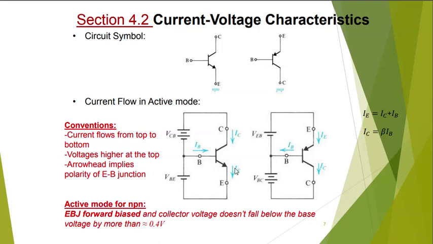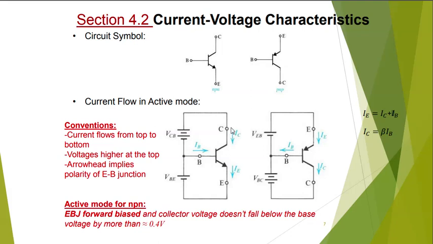What is the relationship between the current in the emitter and the base? We said the current in the emitter is IC plus IB. So, IC itself is 100 IB plus another IB, so it's going to be 101 IB, right? So, the current in the emitter is a little bit more than the collector. How much is that a little bit? It is equal to IB. So this one will be 101 times IB, and this one will be 100 times IB.